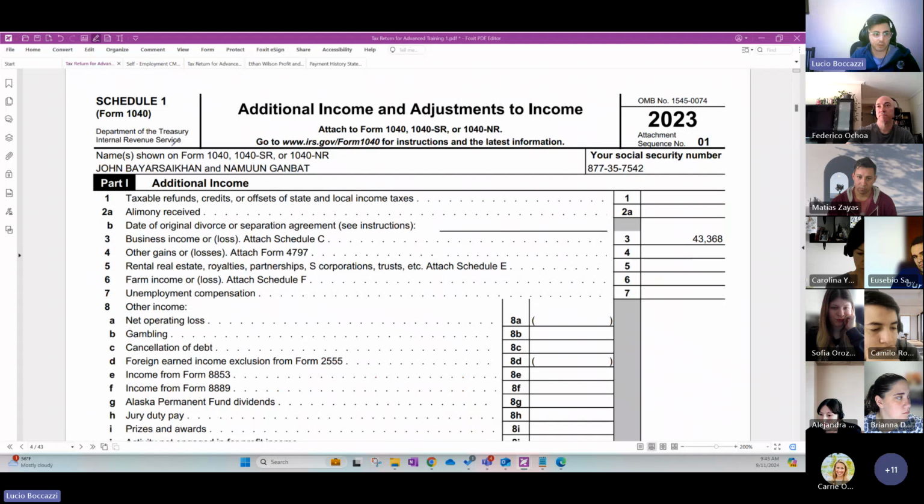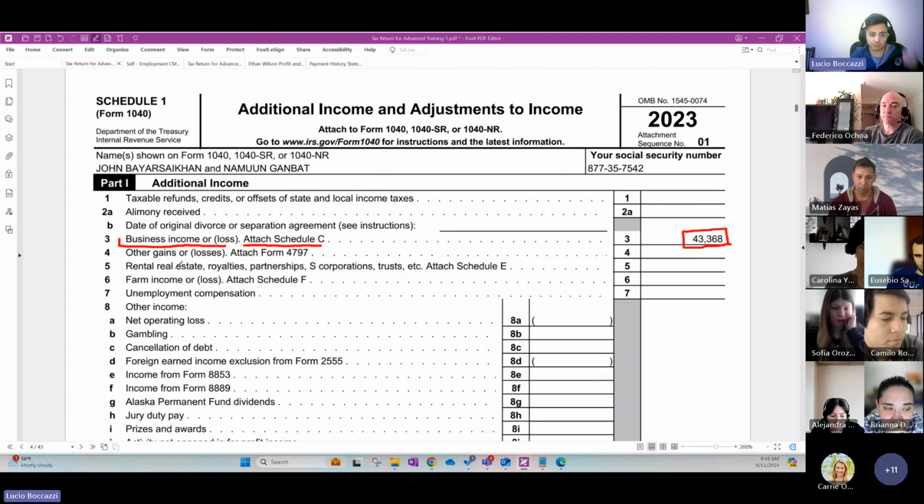The ones that I said we should pay attention to are line 3, that mentions that a Schedule C should be attached, and I have an amount here. And then line 5, that is related to rental and real estate, royalties, partnerships, and whatnot. That is empty in this case.